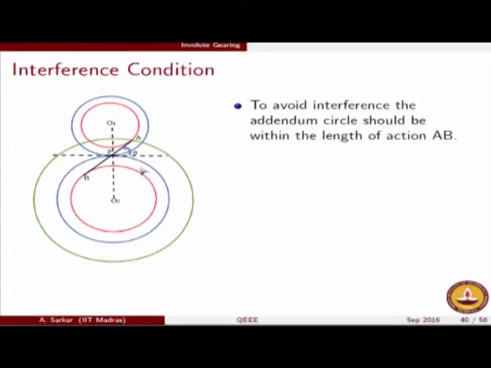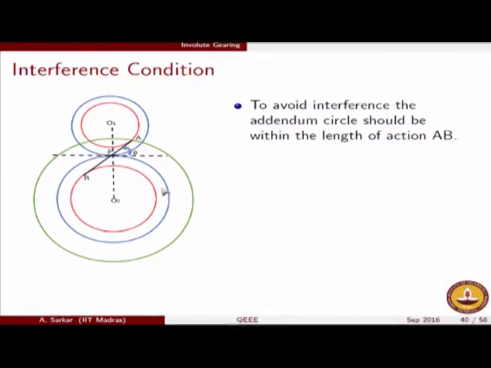So in this diagram what is shown are the two base circles in red line, the two pitch circles in blue, and the green circle associated with the wheel is the addendum circle of the wheel. The addendum circle of the pinion is not shown because that is inconsequential.